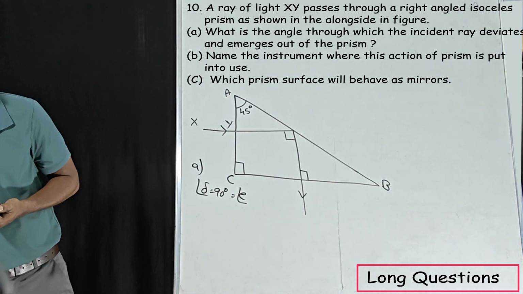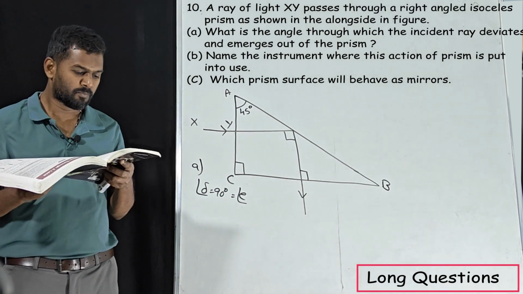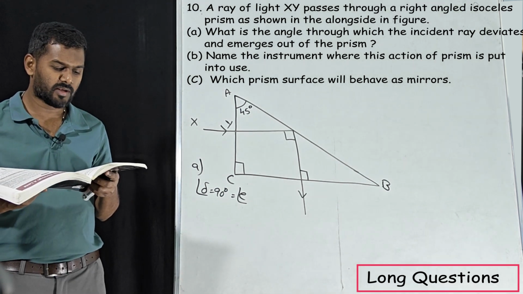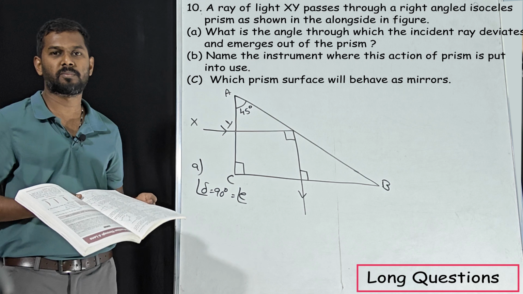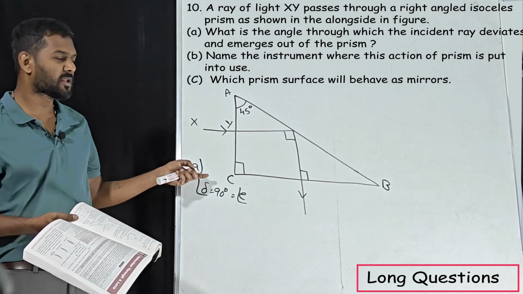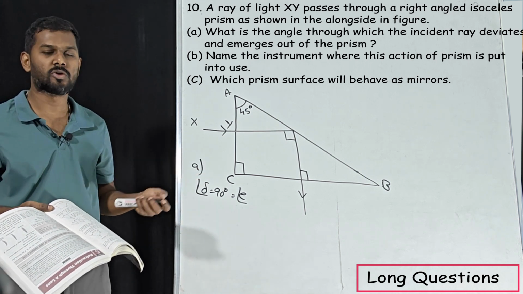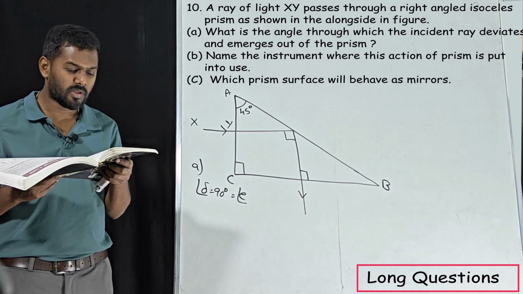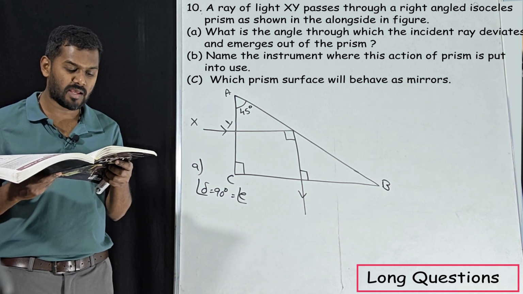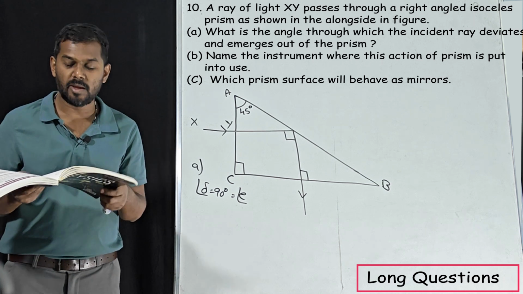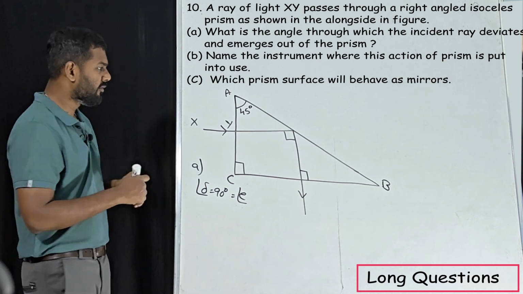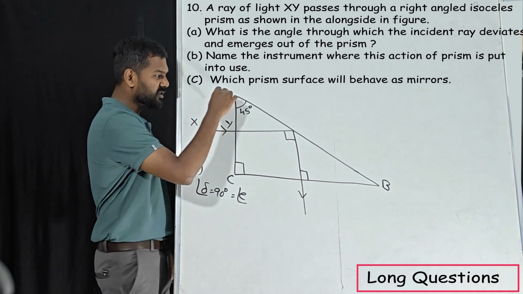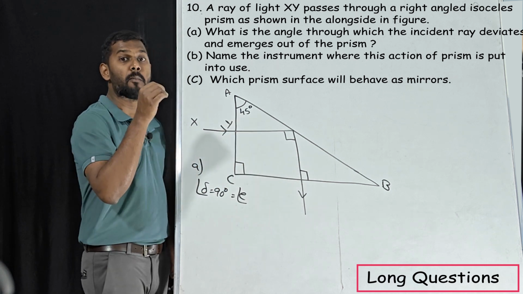Okay, next, name the instrument where this action of prism is put into use. In the previous question we have learned, this is nothing but we are using in periscope. Then third one, which prism surface will behave as mirror? The surface AB. Okay, why? Because which surface of the prism will act as a mirror?